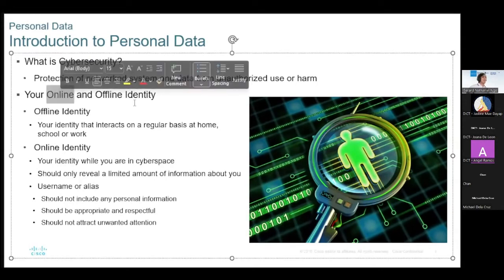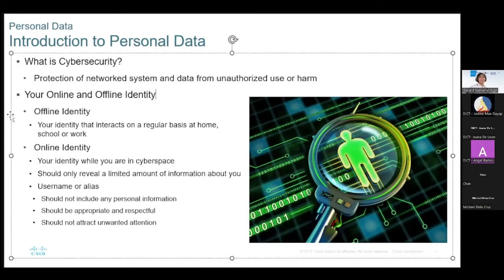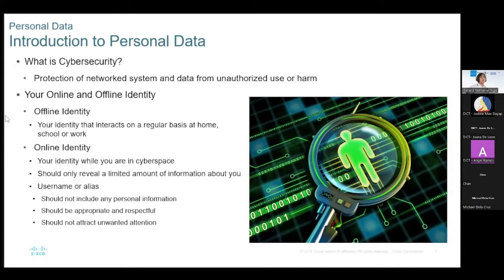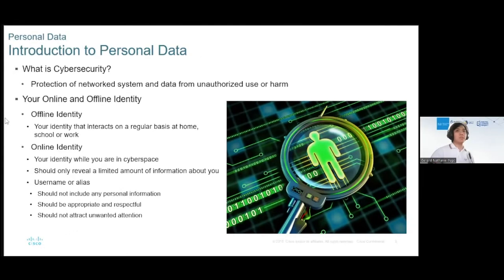Online and offline identity, basically everything that could be used or has enough information to be able to identify you, is potentially harmful or could cause harm if placed in the wrong hands, or if it has been taken by another individual or person.